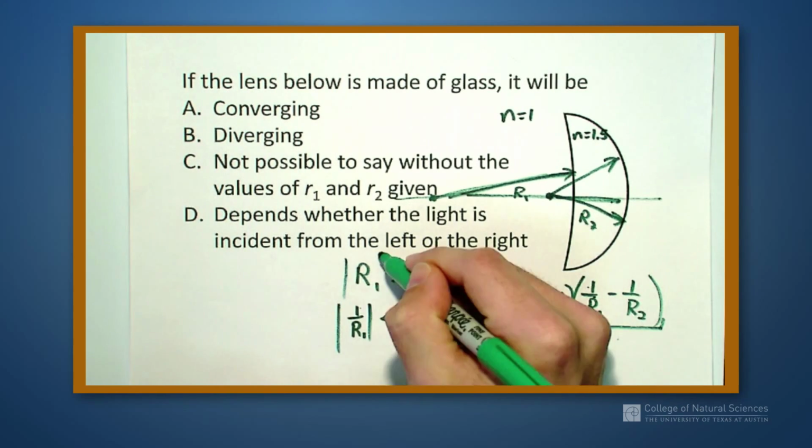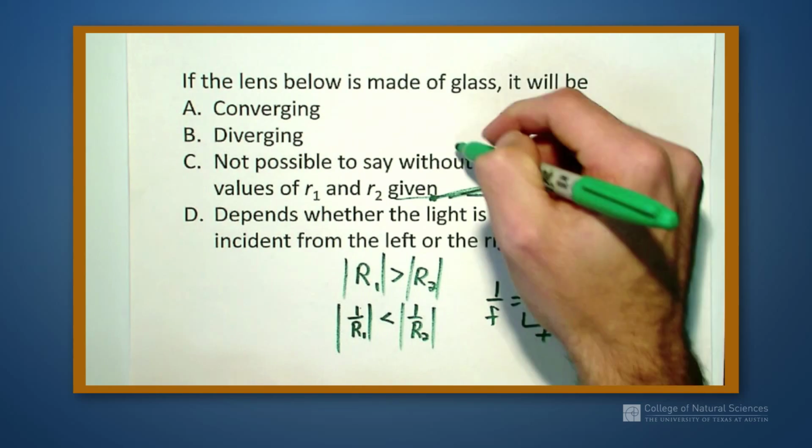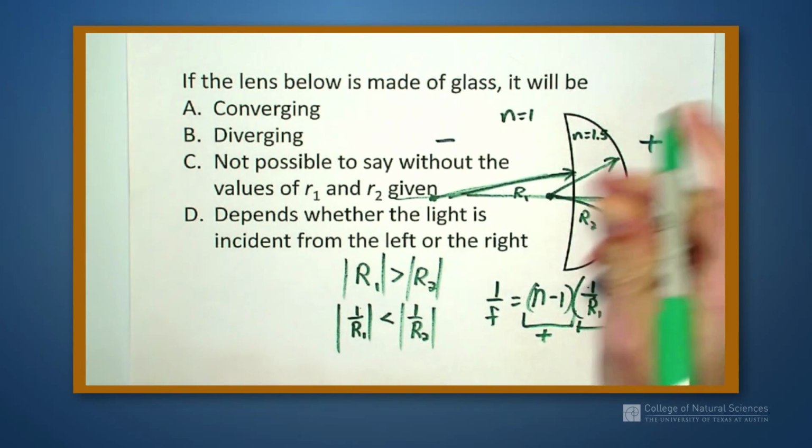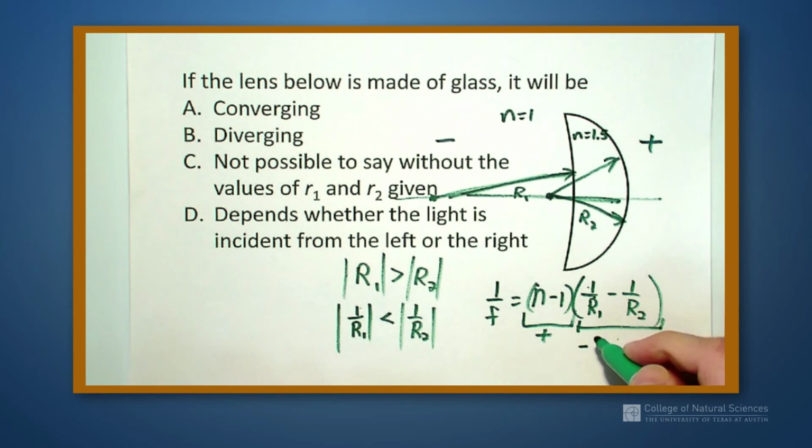I should probably put absolute values on these things. R1 is a negative value. We are on the negative side of the lens. So this is a minus value here, and we're going to be subtracting off another minus value. It's kind of a weird way of looking at it. So we have a minus value subtracting another minus value.